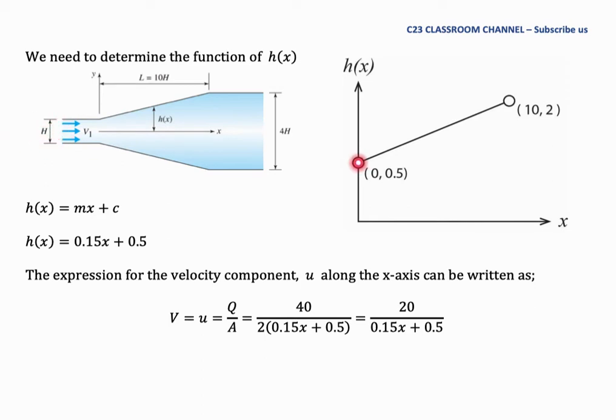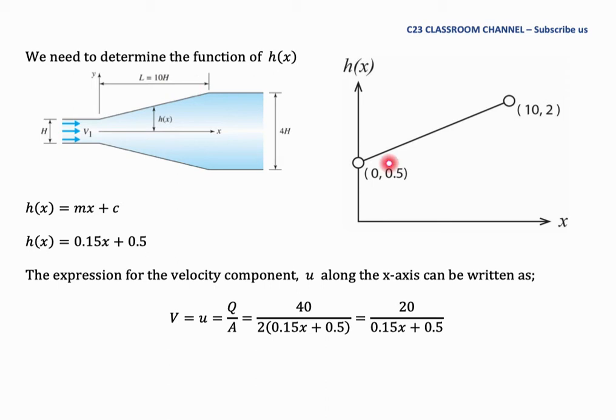Then here at this coordinate we take it as 10 and 2, because we already know the value of h here is 1, so we could take the length of this area equal to 10.